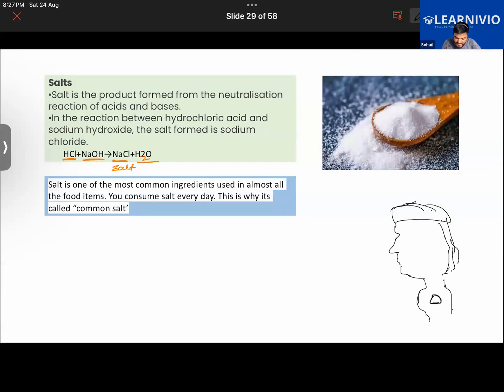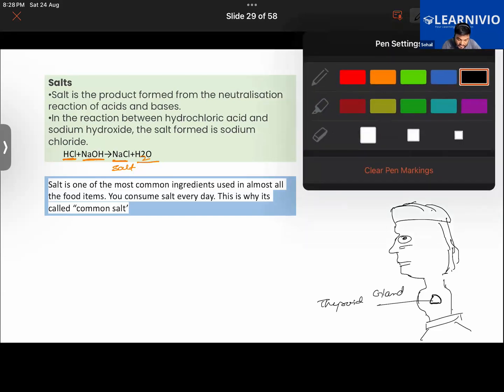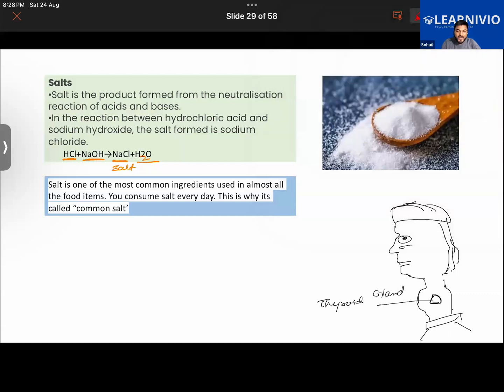Because there is a gland in their neck, that is the thyroid gland. If this gland is not getting an adequate amount of iodine, it can swell and its size can increase. Hence, the neck region, the throat, will appear swollen. Got this now? So thereby salt is important.